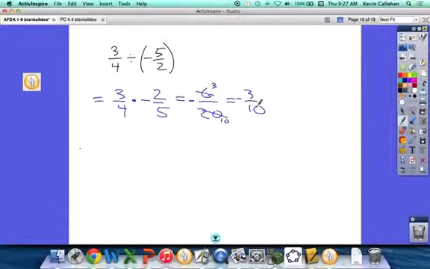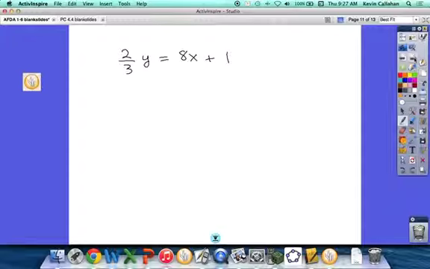All right, so dividing by a fraction is multiplying by the reciprocal. Now, where we've seen this before, where it usually trips us up, is if we have something like this in algebra, where you're trying to solve for y, and y's got a fraction in front of it. And you're not wrong to say, well, I'm going to divide both sides by 2/3, right?